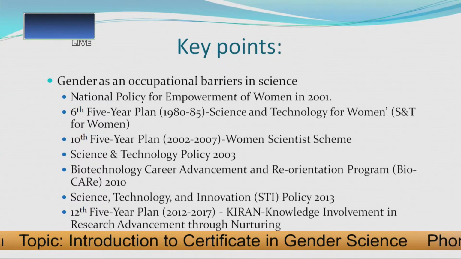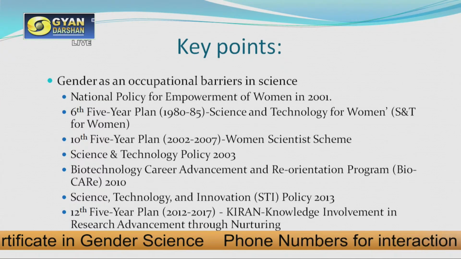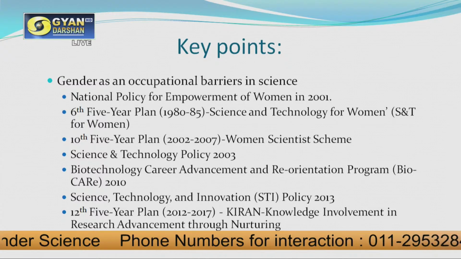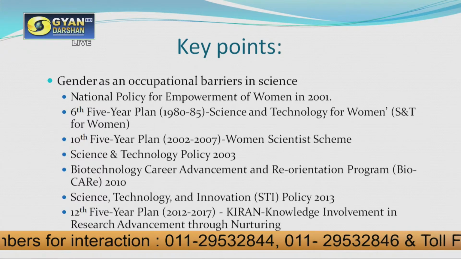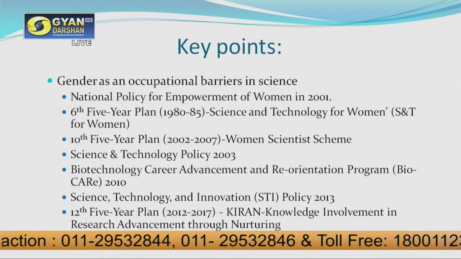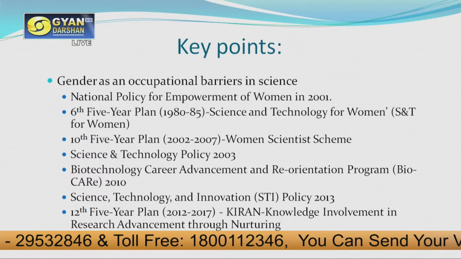And what are these policies? Do we have any policies in India? Yes. The Department of Science and Technology and other departments have different policies designed to encourage girls' and women's participation in science.